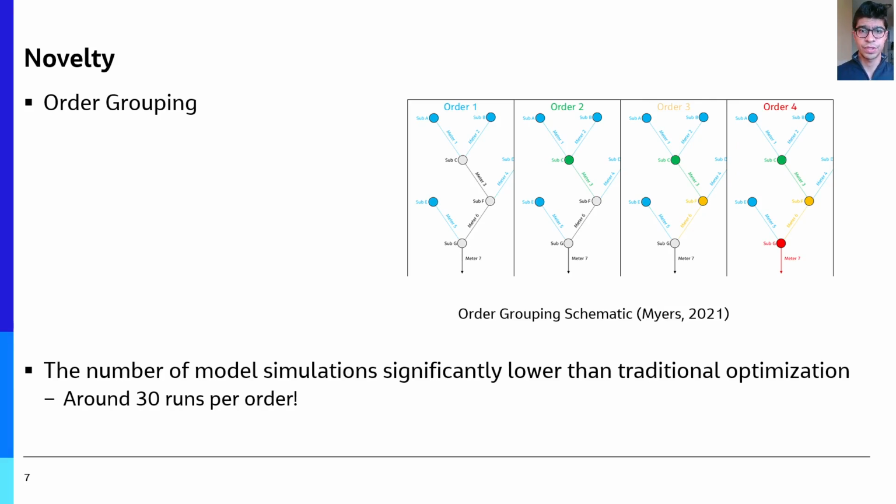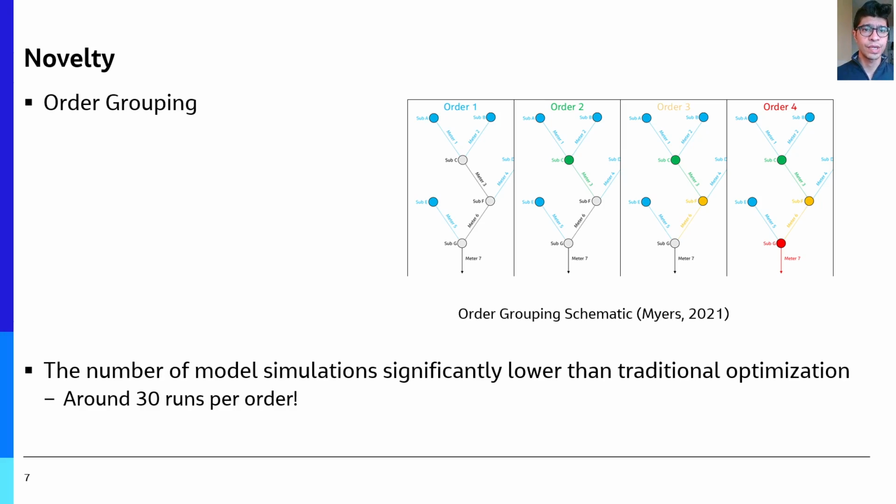The other novelty is when it comes to sanitary flow monitoring. If you look at the diagram on the right-hand side, you can see the differences between order 1s, order 2s, order 3s, and 4s. Order 1 in blue is anything that wouldn't have any other flow monitors upstream of them.